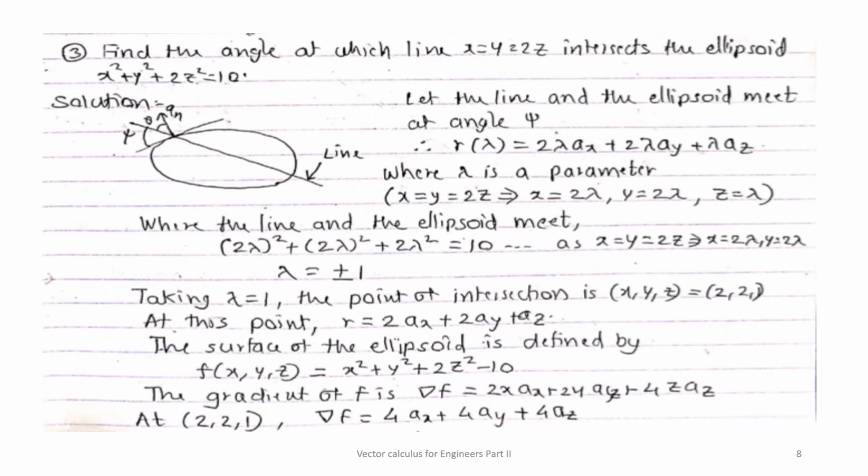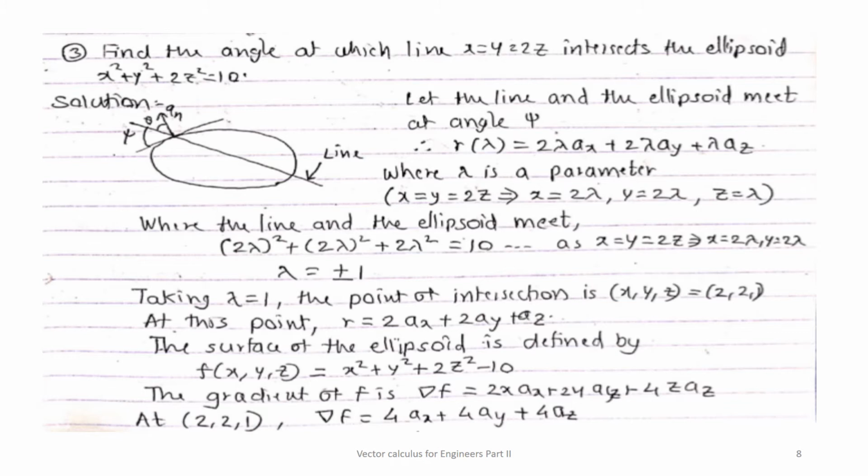Now since the intersection is asked, at the intersecting point I will put this equation in the ellipsoid equation. So I will get lambda is equal to plus or minus 1. If I consider lambda is equal to 1, then I will get the point of intersection x, y, z equal to 2, 2, 1. So at this point, from the equation for r lambda, I will get r1 is equal to 2ax, 2ay plus az.